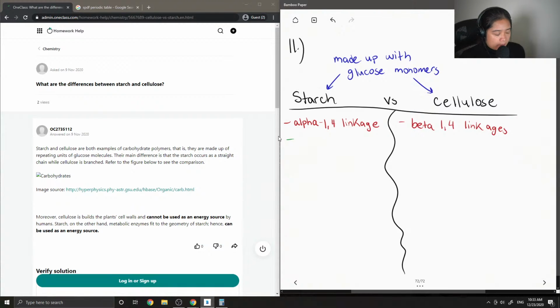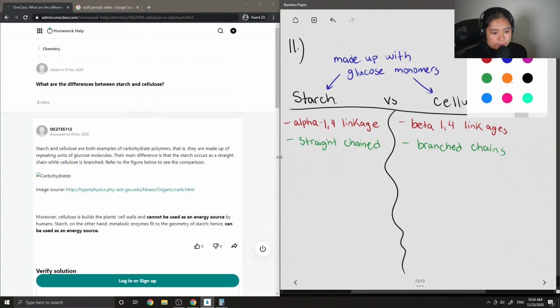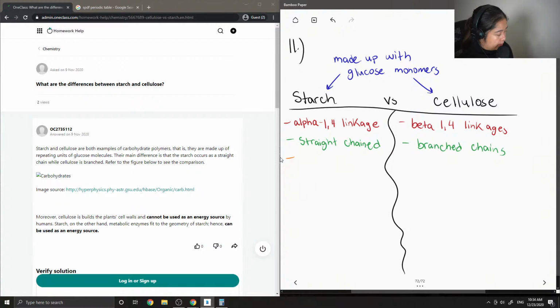So typically, starches are more straight chained, and cellulose is more branched. Another difference is that starches are typically easier to break down, and cellulose is more difficult to break down.